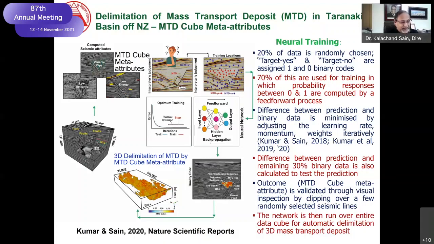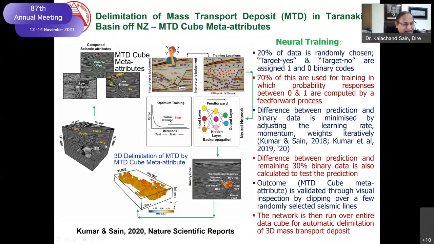Suppose our interest is to delimit the mass transport deposit. So we look into the entire seismic data. What are the seismic attributes that can define the mass transport deposit? We will not look into other seismic attributes. There may be 10, 12, or 15 attributes which can define the mass transport deposit. A few examples I am showing here: low energy, variable dips, low similarity. Like that, there will be many sets of attributes which can define the mass transport deposit.